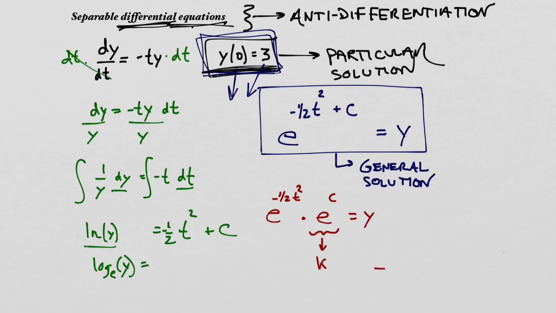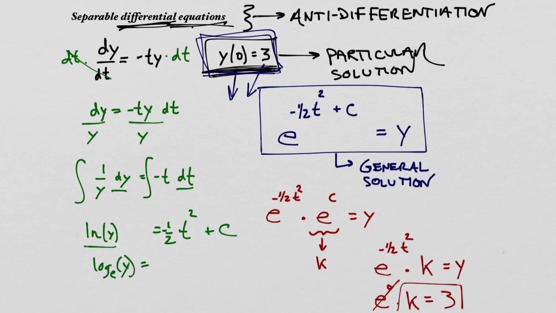So what I have now is e to the power of negative 1/2 times t squared, all multiplied by k, and this equals y. So at this point, when I plug in 0 and I plug 3 in, I'm going to end up with e to the power of 0 times k is equal to 3. And e to the power of 0 we know is 1, so I just have k is equal to 3, which is a little bit cleaner.